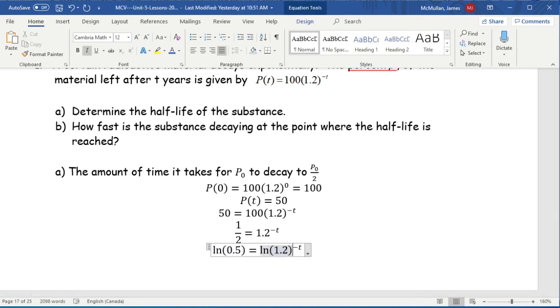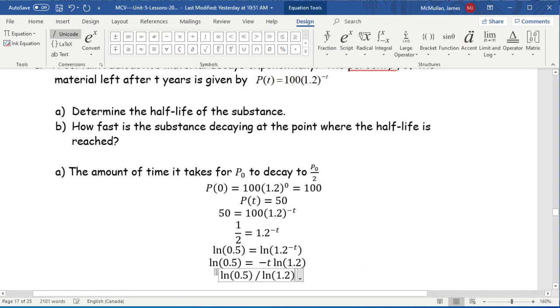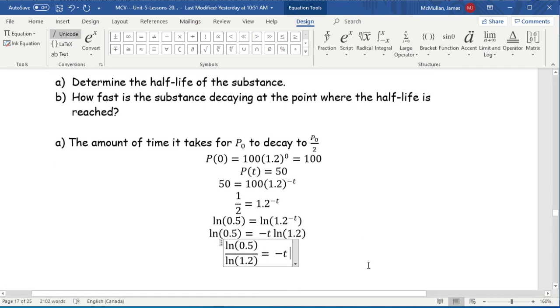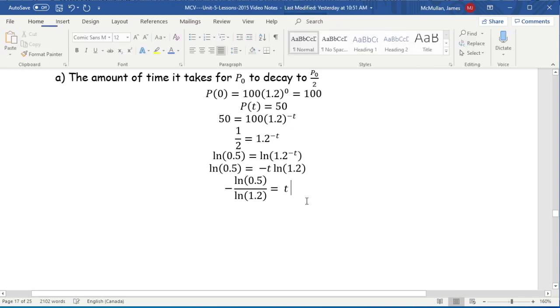It should be inside the bracket. Then we bring the negative t to the front, like so, and then we get the answer. All we have to do is bring the negative to the other side, and we'll get the amount of time that it takes.